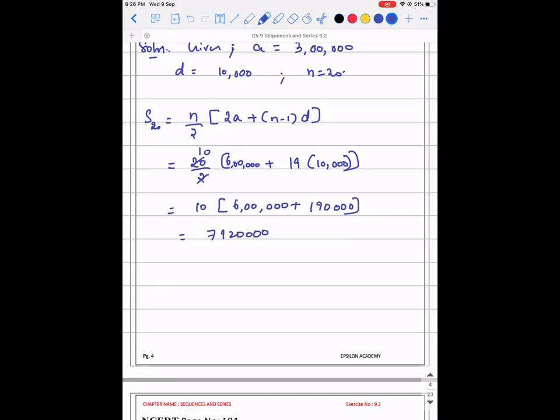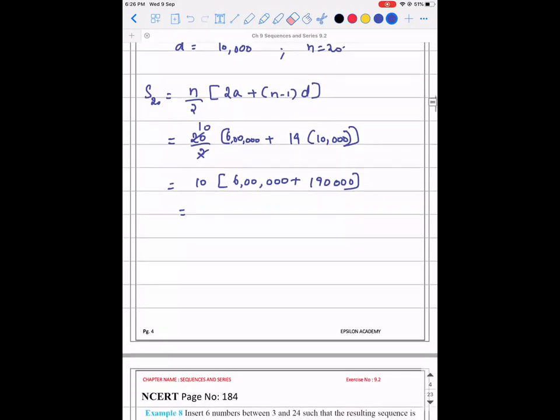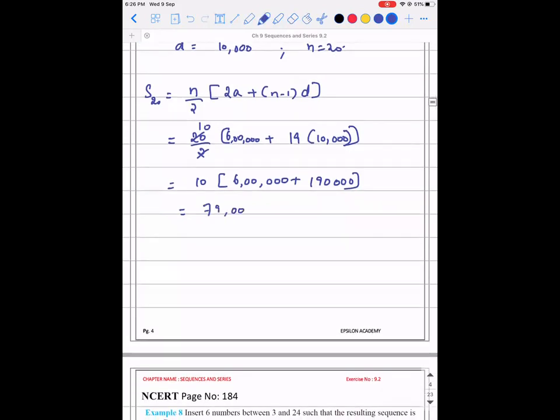Yeah, 79 lakhs. That's it, right? If someone is having the textbook, please verify the answer. But I'll open it.